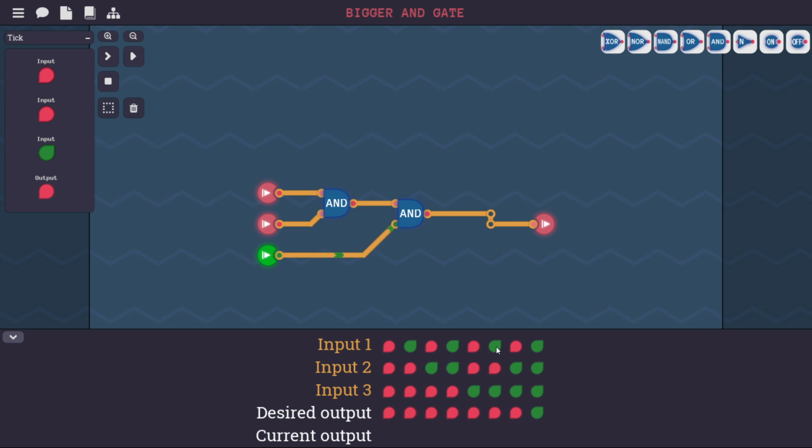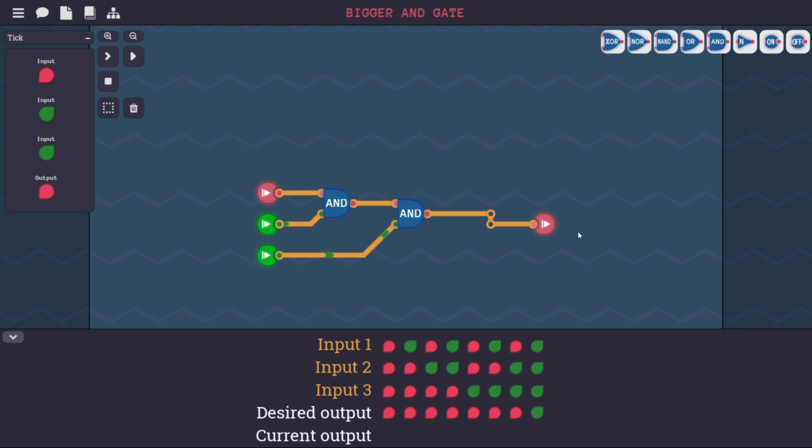If the first and the third inputs are on and the second input is off, we still get an off. And if only the first one is off and the rest are on, we still get an off.